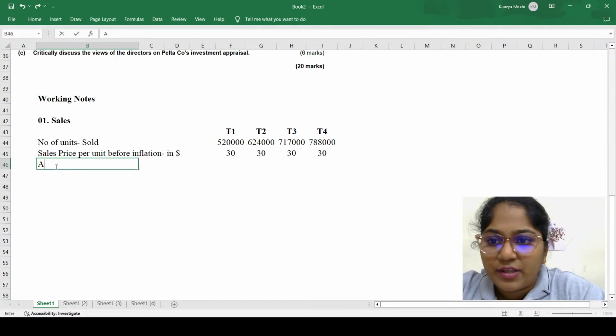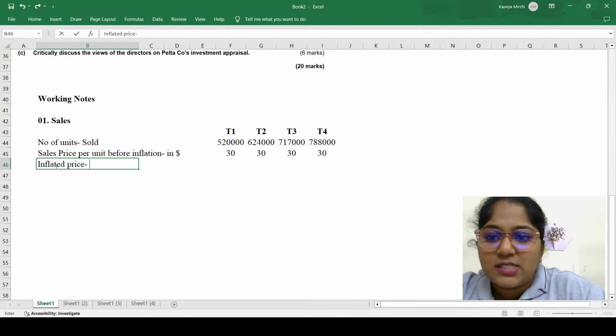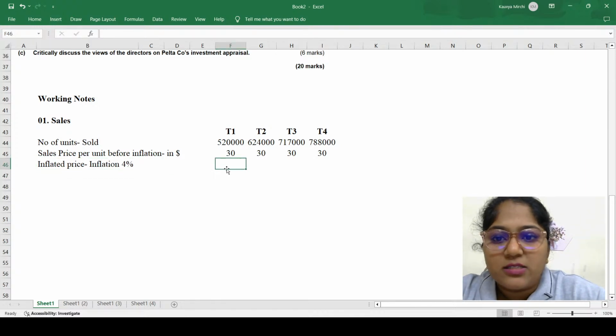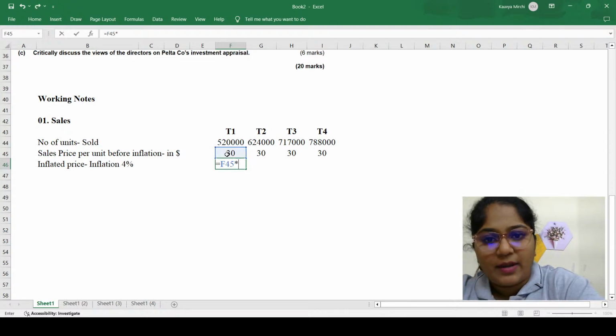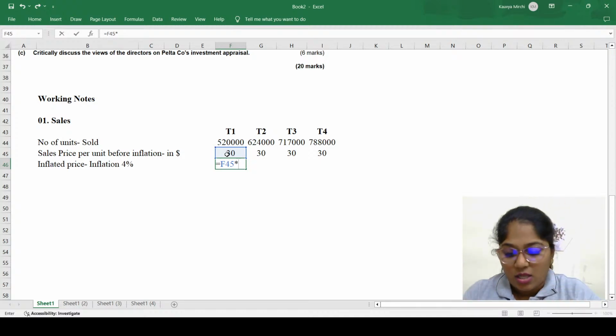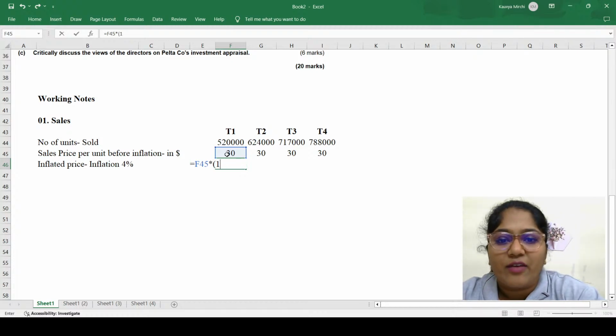Now you have to add inflation. Once you add inflation, you have to write the inflated price. What is the inflation percentage, people? Inflation percentage is 4% for sales, if you remember. The values are in today's terms, correct? So 30 multiplied by, because we are doing the compounding effect, 4% will be added, then again on that, 4% more, again on that 4% more. So the compounding formula is 1 plus 4% raised to the power 1.